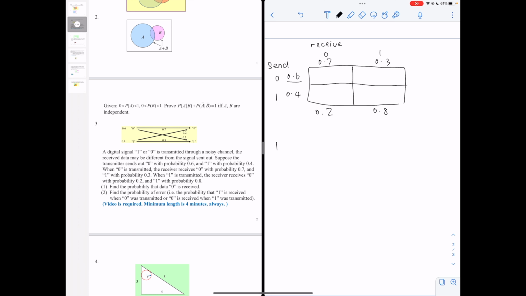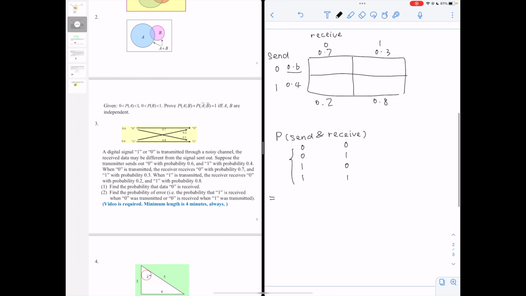So if we want to know the probability of a certain scenario, a certain send and received signal combined, and there are in total 4 different situations, what we have to do is to multiply the conditional probabilities with the probability of the send scenario.